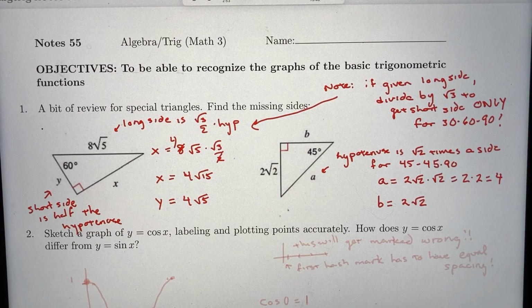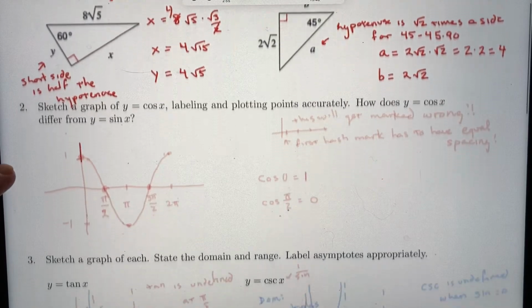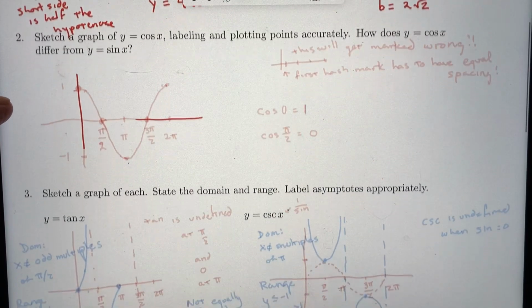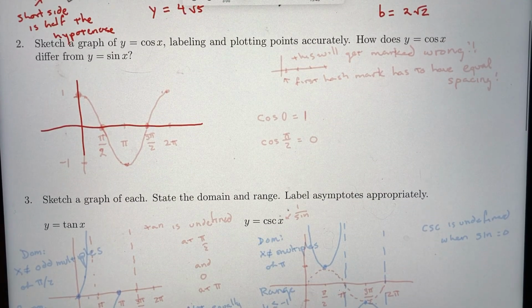That was weird. Okay, so with cosine, let's just take a look. We're starting to sketch. If I want one period of cosine, first of all, I break my y-axis at 2 pi, and then cut it in half to 1 pi, and split those into the 90 degrees.